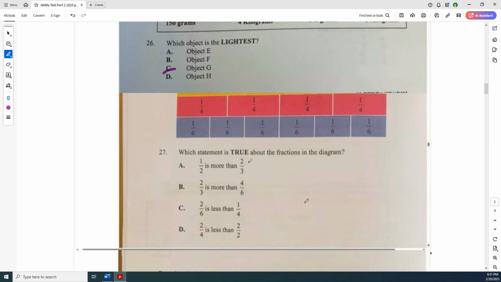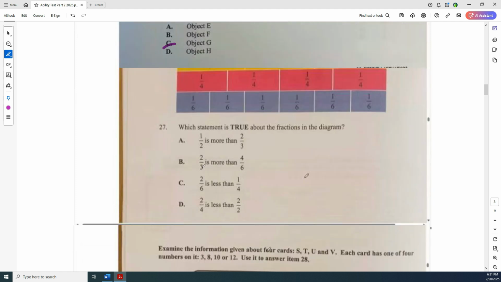Which statement is true about the fraction in the diagram? Half is more than 2/3. No, half is not more than 2/3. 2/3 is more than half. 2/3 is more than 4/6. 4/6 to its lowest form, 2 into 4, 2. 2 into 6, 3.